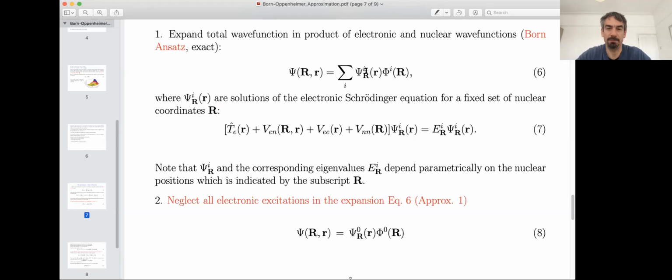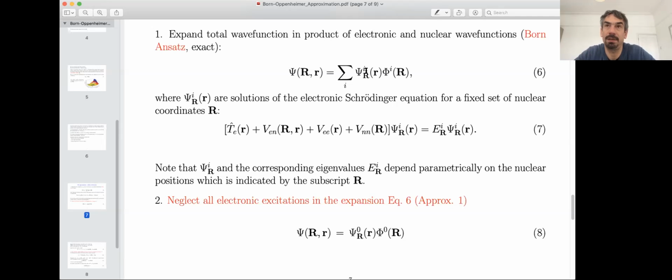In the Born-Oppenheimer approximation, we neglect all the terms where you have electronic excitations, and that's usually okay because in most materials, the first excited electronic state is in the order of maybe an eV higher than the ground state.